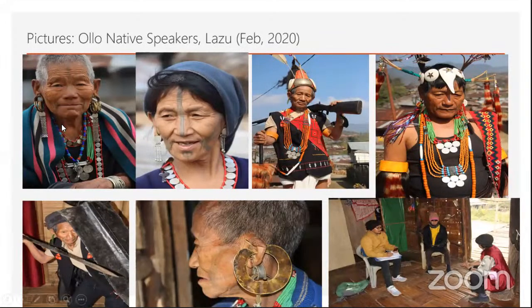When we ask about this tattoo, they have different answers about it. Some of them answered that during British rule in India, the women were raped. So in order to disguise their beauty, disguise their attractiveness, they used to make tattoos.